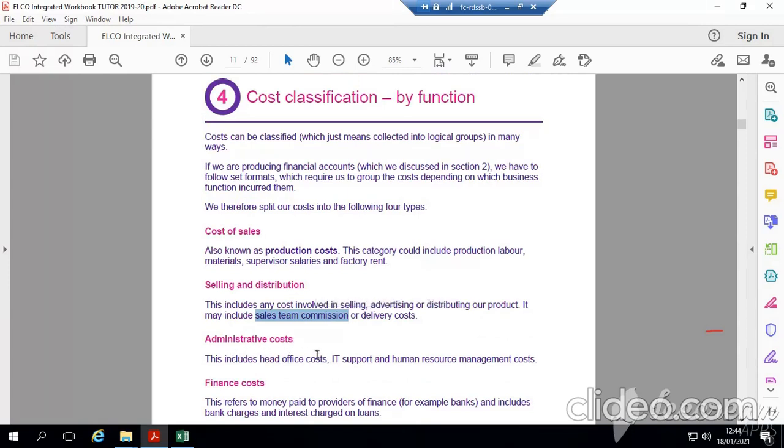The third one, administrative cost. Usually in the department you have HR, human resources team, and IT teams. They have different costs and they're doing different things, which is totally different from the cost of selling and distribution.